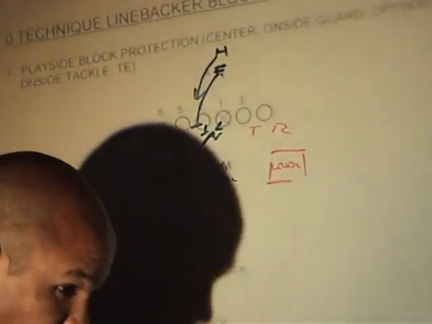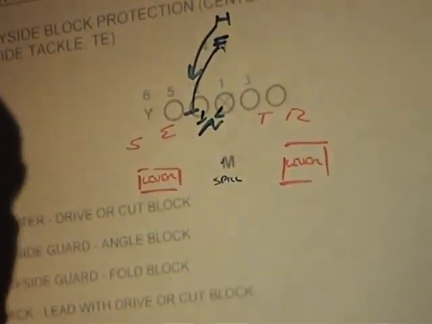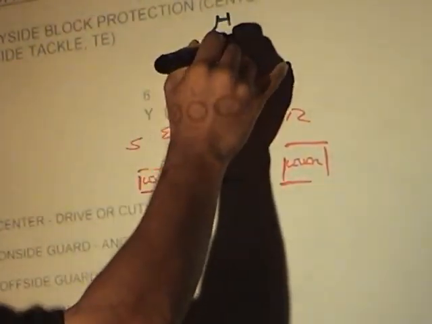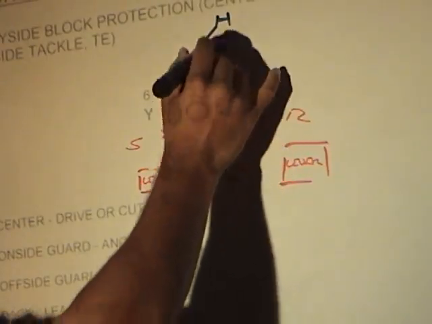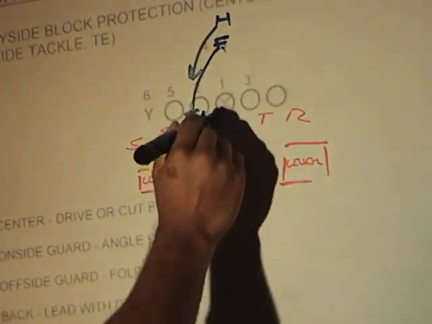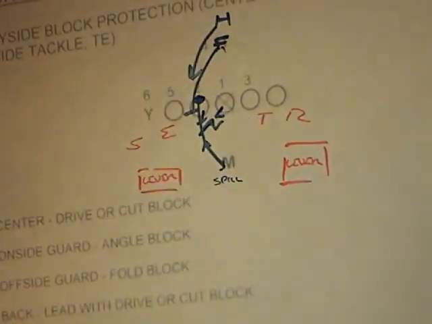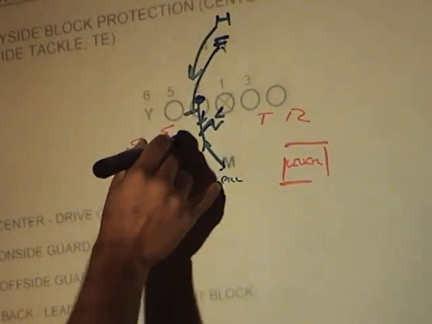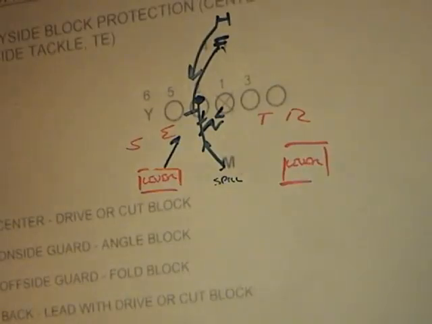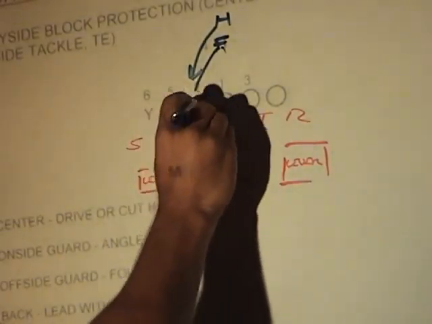The guard will slam down to the play side hip of the nose. Your eyes will then clear any full block. As all this is happening, you're flying downhill, the fullback's coming at you. You're going to fit inside out and squeeze and spill the play to, again, the lever player to your outside. Okay? All right.